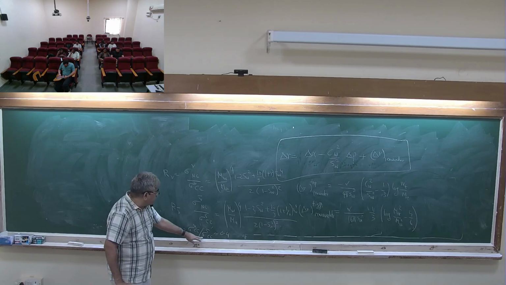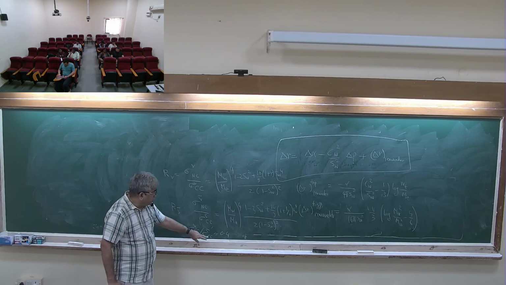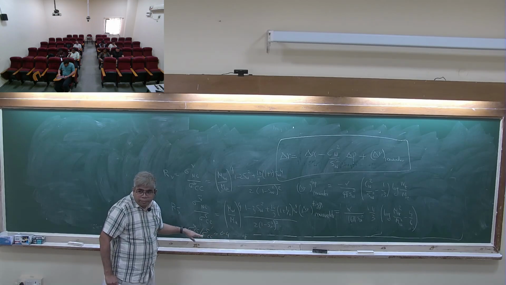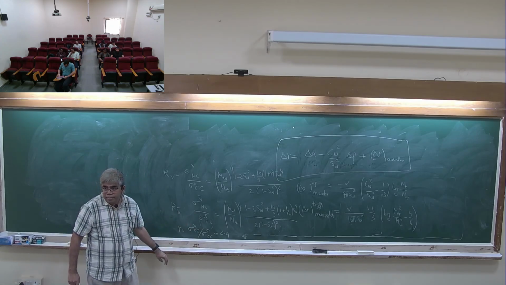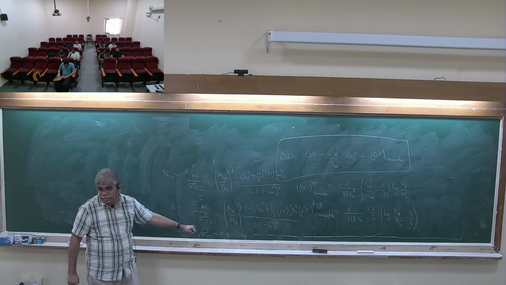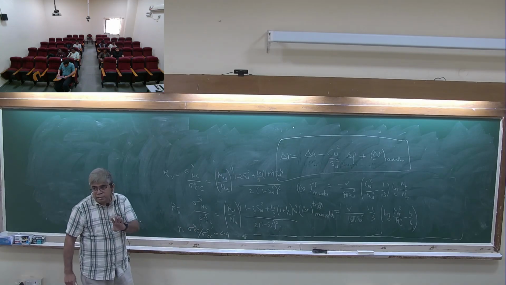Charge current ratio of neutrino scattering versus anti-neutrino scattering, okay, is around 0.4. You should remember the neutrino and anti-neutrino scattering are not the same. They differ by about half essentially in the charge current.